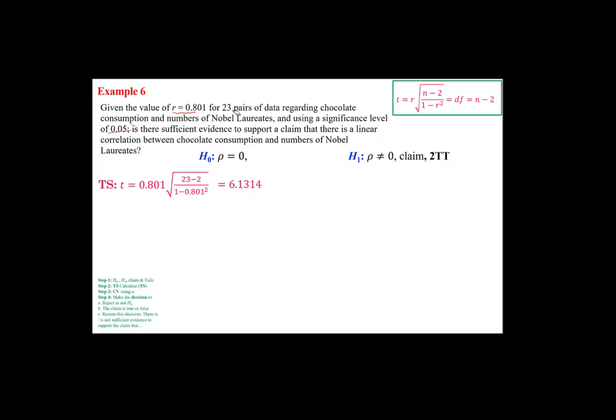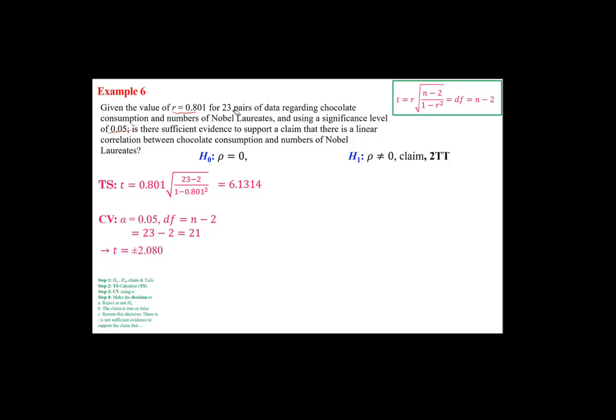This is a two-tailed test, okay? Alpha of 0.05, degrees of freedom of n minus 2, or 23 minus 2. And we use the table. We end up with plus or minus 2.080. And that's as far as the T distribution goes.